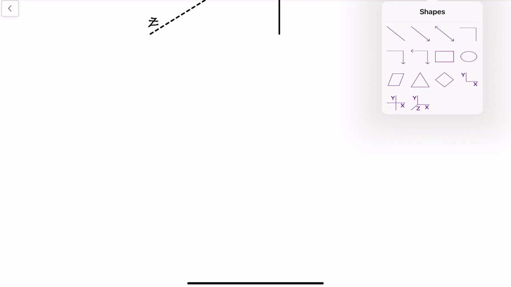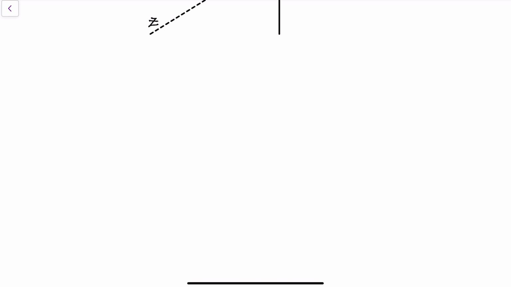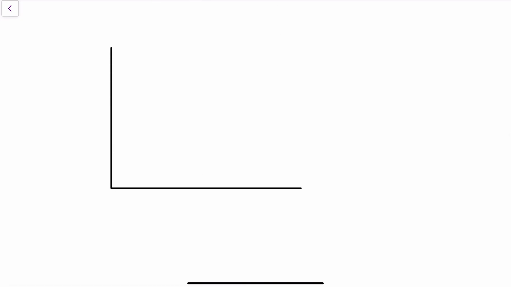I will take only x-axis and y-axis, and we will focus only on 2 dimensions. Okay, so this is your x-axis, this is your y-axis. Now in order to have a vector, we need to have some vectors which give direction to the vectors.